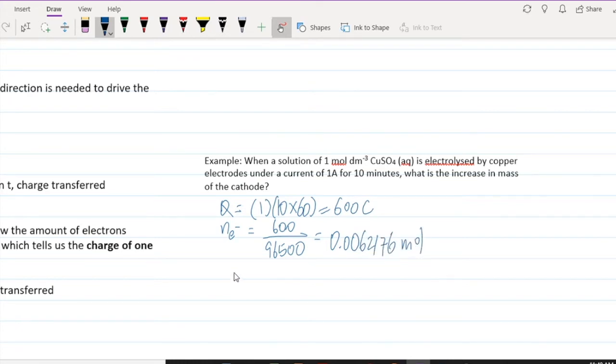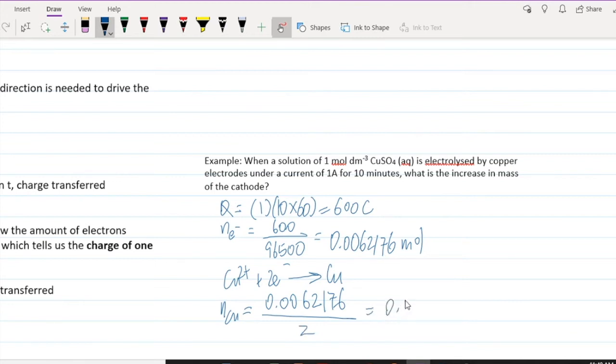Note that for the formation of every mole of copper from a copper 2 solution, we need 2 moles of electrons. So by simple stoichiometry, the number of moles of copper is half that of the number of moles of electrons being transferred. So this is the number of moles of copper formed.